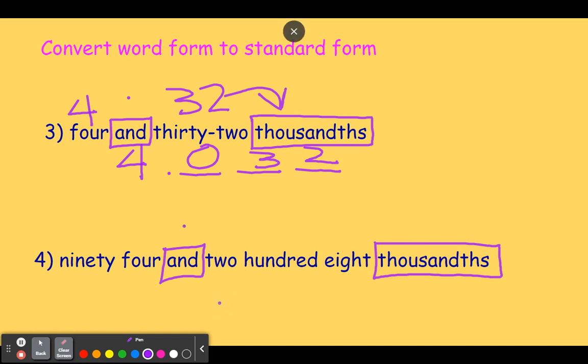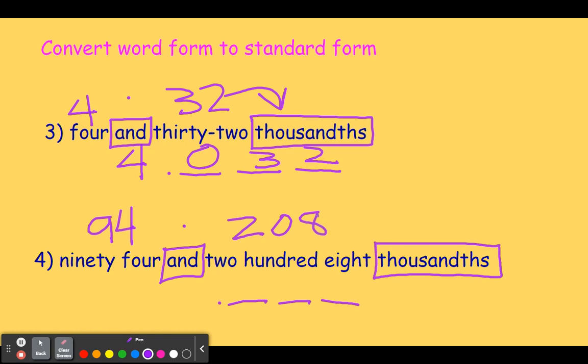So I write my decimal, and I do 3 shelves. The same thing that we've been doing for our annotations. Above 94, I write a 9 and a 4 for 94. And for 208, I write 2, 0, 8.